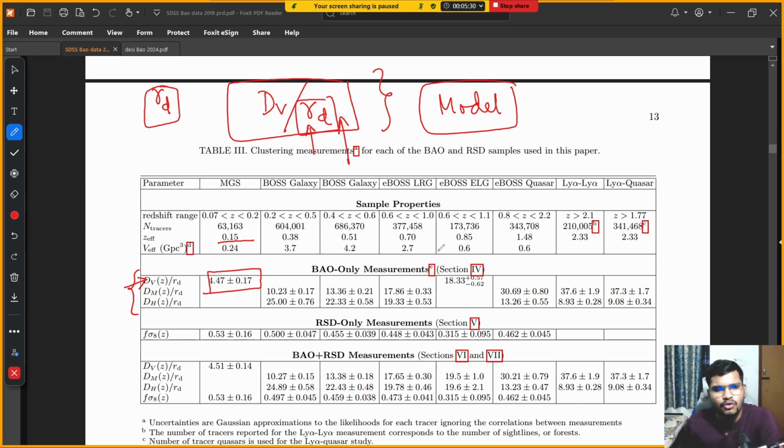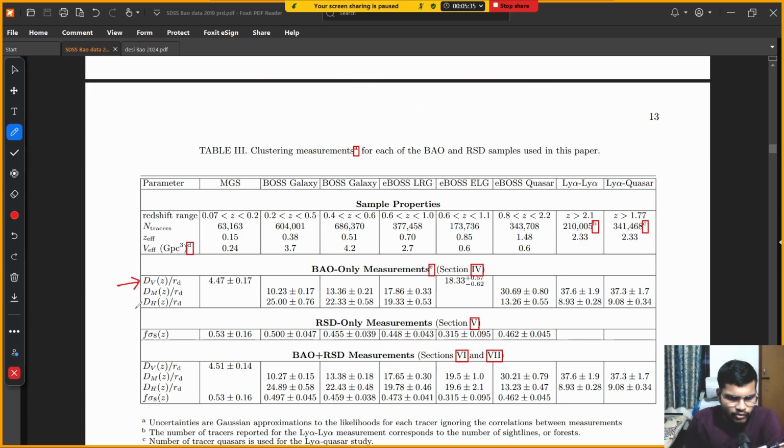All right, so considering that whatever data we have is good and statistically significant, what are the observables? The observables that we have are dV over rd, dM over rd, and dH over rd. Now you can see that for certain redshifts we don't have some of these datasets. The datasets we are considering must contain plus and minus errors. If I show you some datasets, you will have something over here and over here.